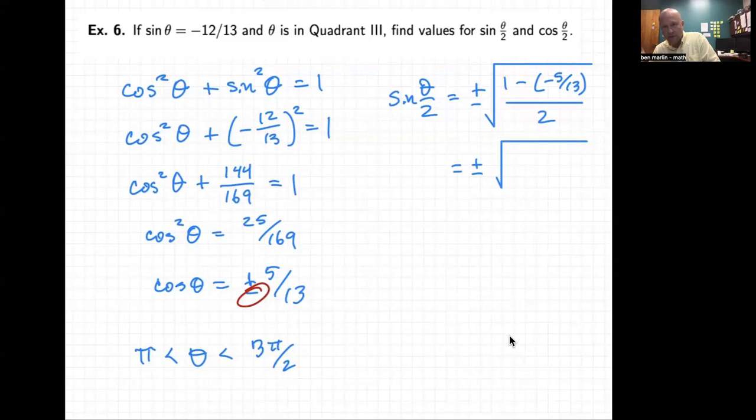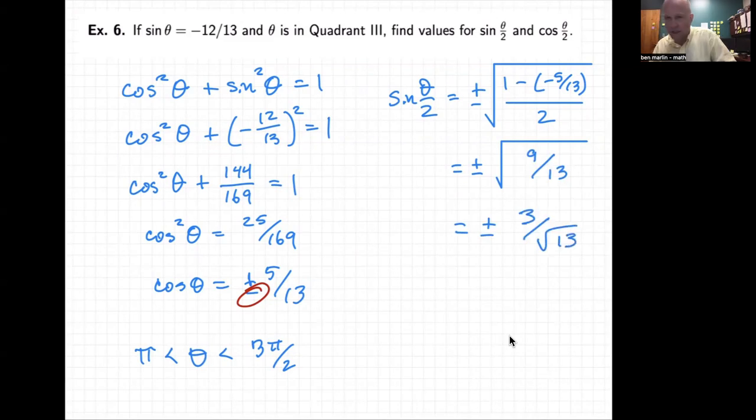And that is either plus or minus the root of, okay, 1 plus 5/13 is going to be 18/13. And then divide that by 2, you'll have 9/13. So it's either plus or minus the square root of 9 is 3, and over the square root of 13. Okay. All right. So deciding the plus or minus, we need to think about dividing theta by 2.